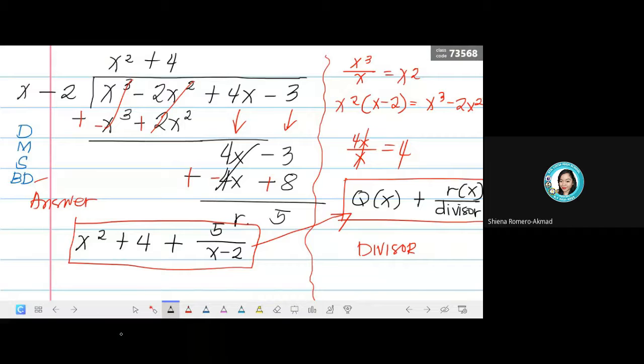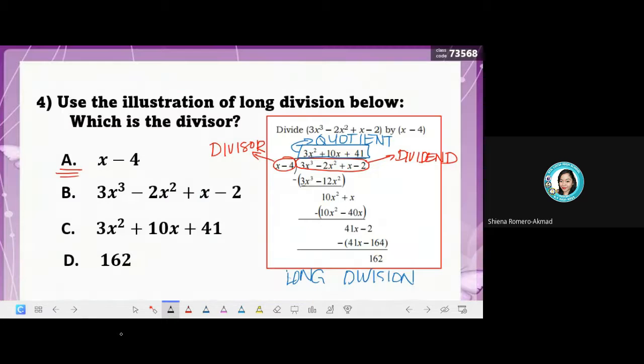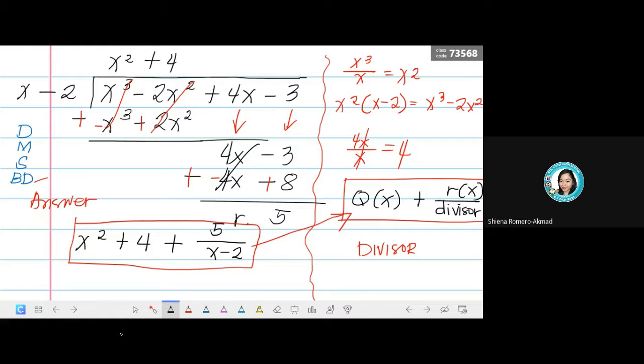Let us try ito. Okay, so we have here x squared plus 4 plus 5 over x minus 2. So, gawin natin siya na ang gamit natin ay synthetic division. So, hindi ko napapatype sa inyo para hindi tayo matagalan. Susulat ko na siya agad.